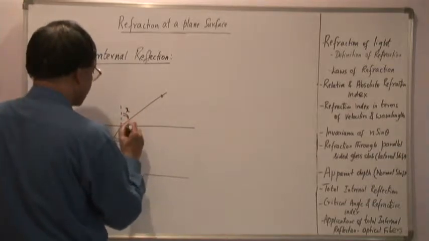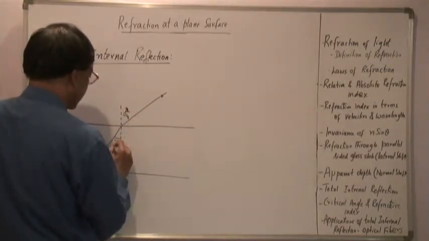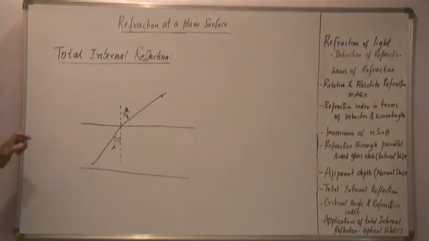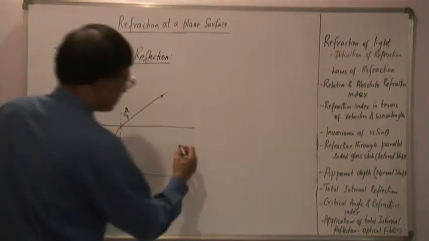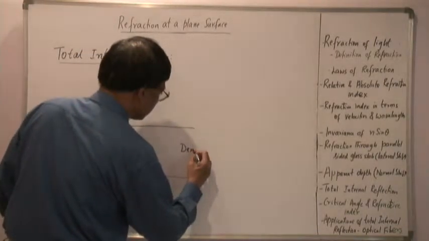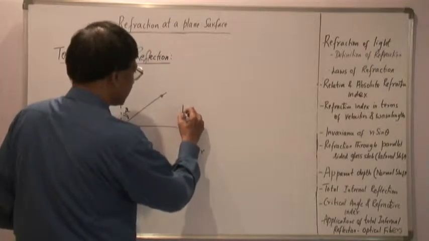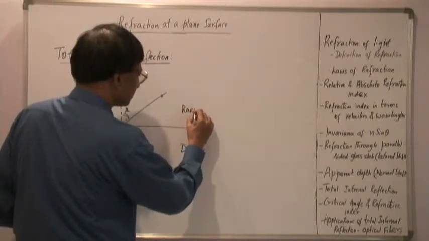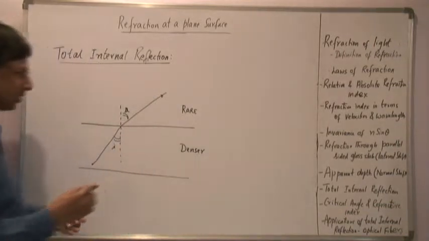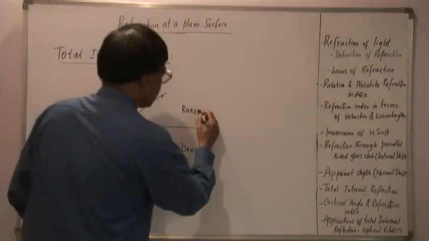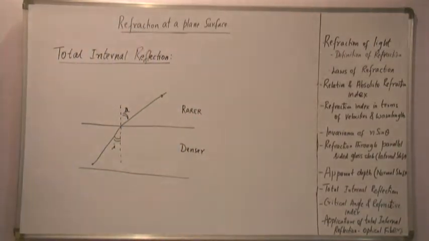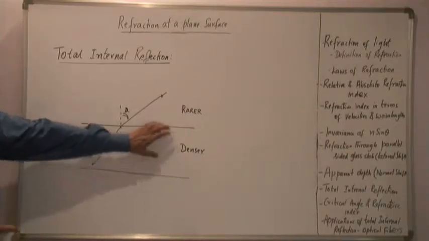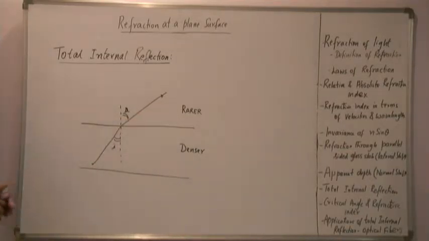This is the angle of refraction, this is the angle of incidence. So let us assume for the time being that this is a denser medium, this is a rarer medium. That means this is an optically denser medium, optically rarer medium.